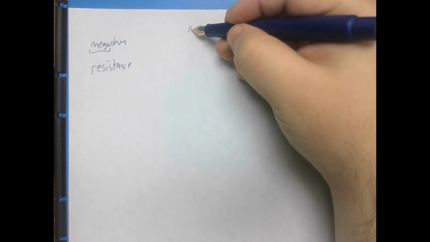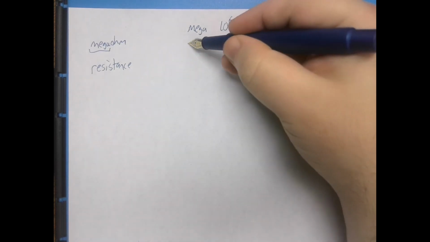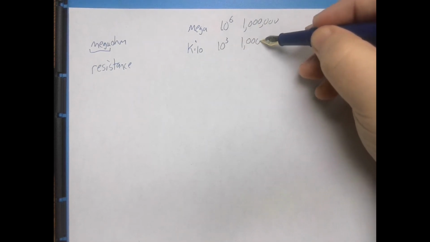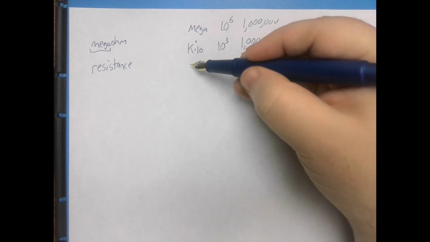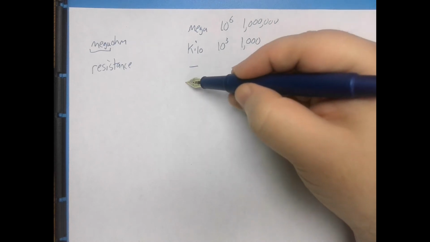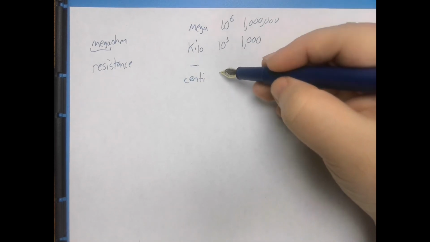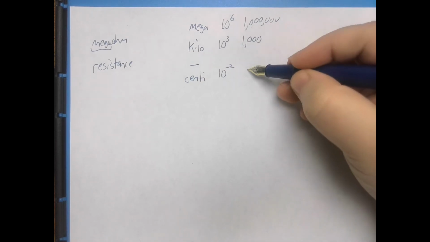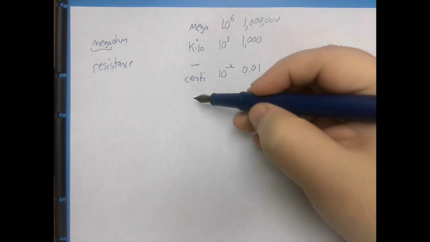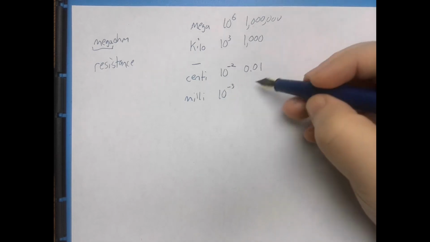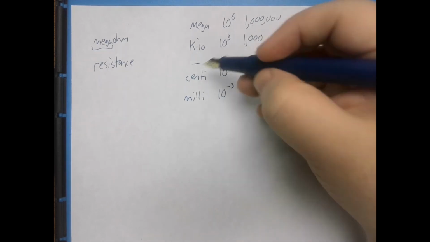We have mega, which is 10 to the 6th or a million. We have kilo, which is 10 to the 3rd or 1,000. And we have the base unit, and then we have centi, which is 10 to the negative 2 or 0.01. And we have milli, which is 10 to the negative 3, or 0.001.